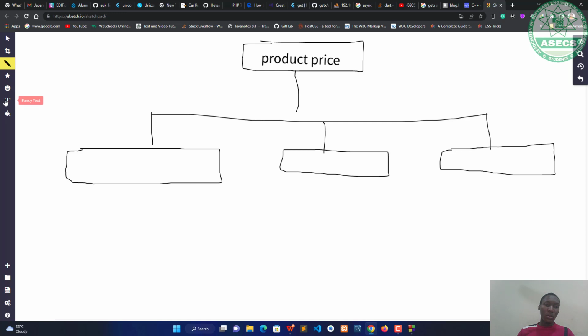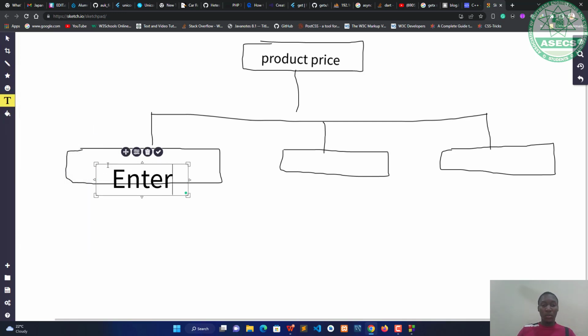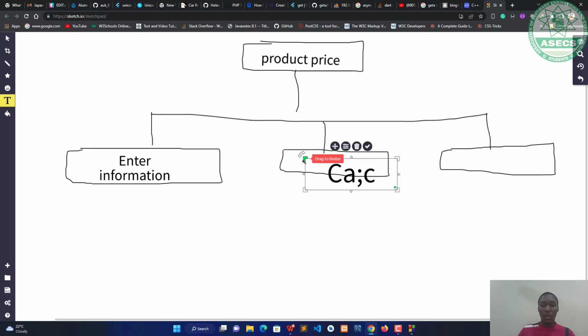Alright, so now let's do that. And just say enter information maybe. Yeah, enter information. Over here you can say what? Calculate total price.